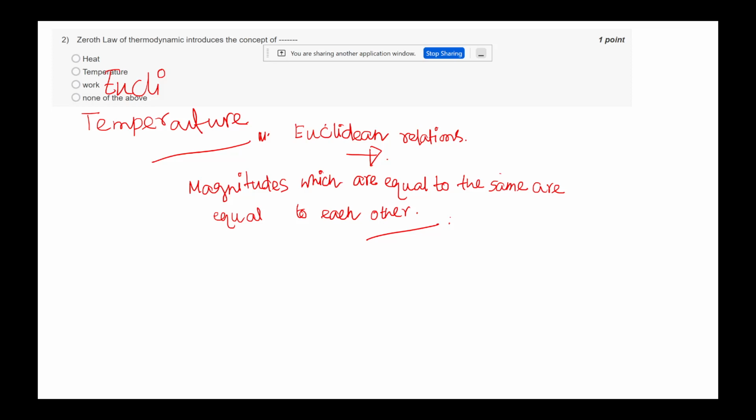Yeah. The magnitude means some scalar quantity, right? Some kind of measure of that property, and quantities equal to the same are equal to each other. That is actually related to our zeroth law of thermodynamics, right? In the zeroth law, we talk about that kind of logic.